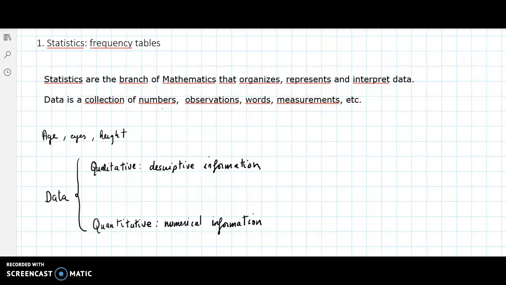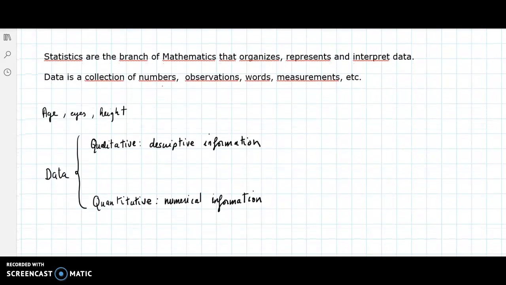For example, your height, the number of hours that you sleep a day, your age, etc.